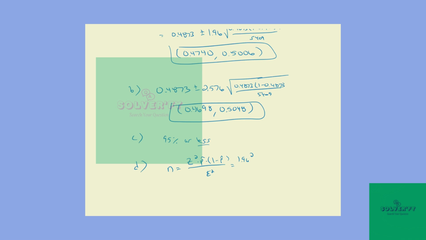Plus or minus 0.01. You're going to use 0.01 for E. And p hat is our 0.4873.